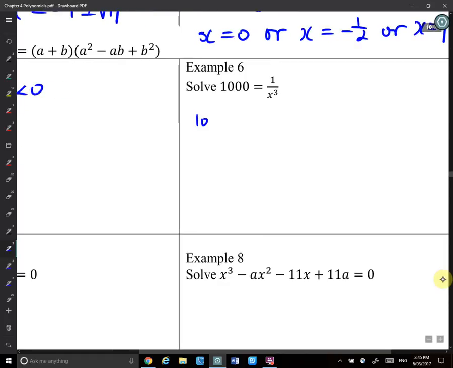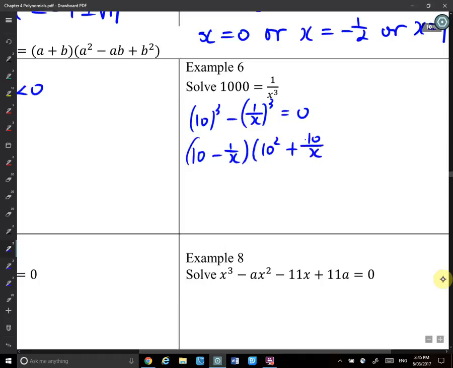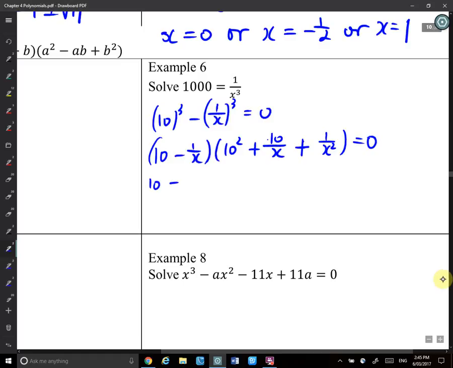For the second one, I have (10 minus 1/x) the whole thing cubed equals 0. And what I will have is (10 minus 1/x)(10 squared plus 10/x plus 1/x squared) equals 0. Which is 1 minus that equals 0.